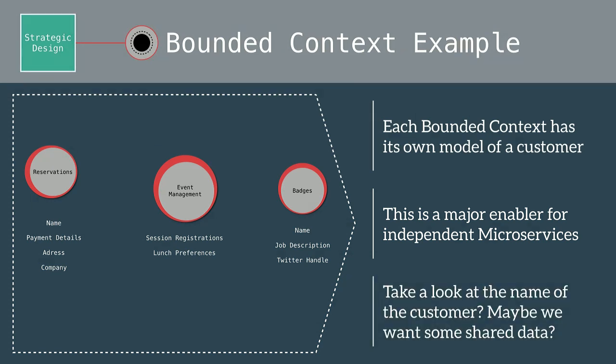And we have a choice by that. If you take a look at the name of the customer, we have the name in the reservations context and the badges. So eventually we want shared data or we want to avoid shared data. But the good thing about that is we can make an educated decision on that.